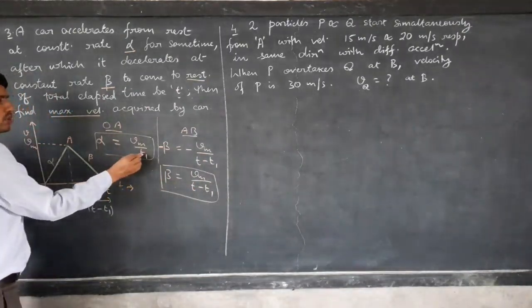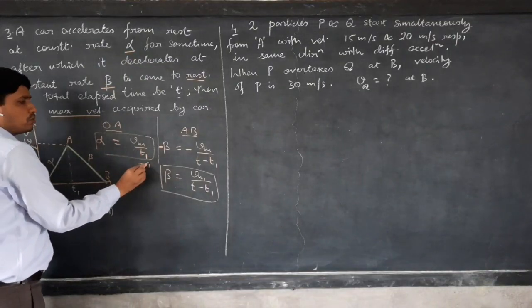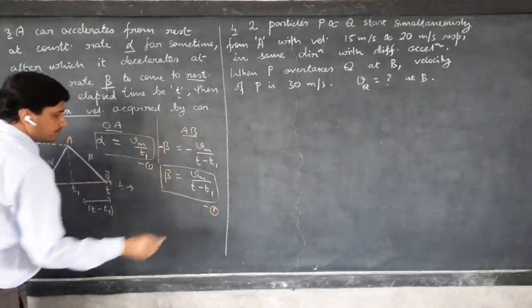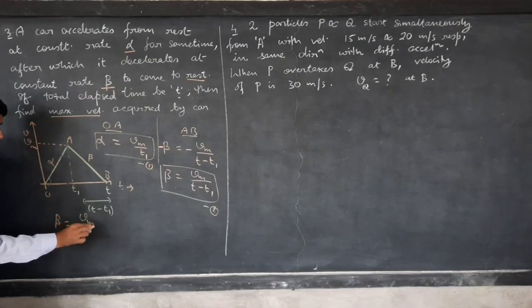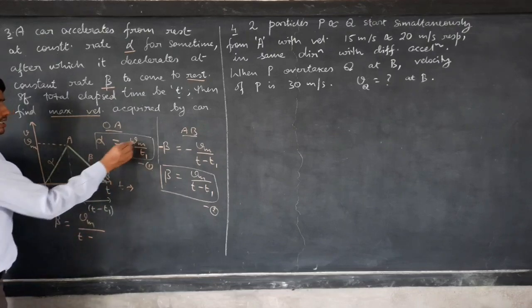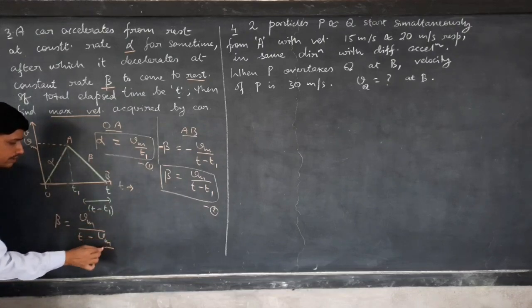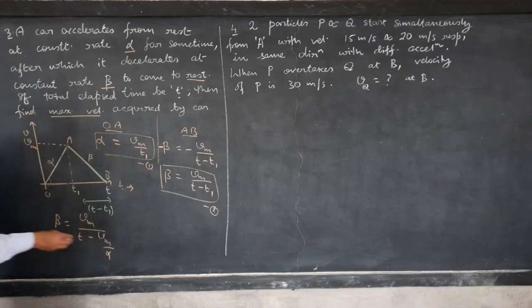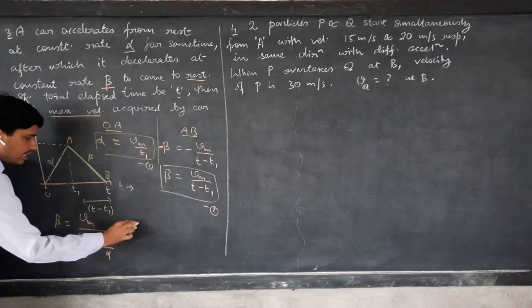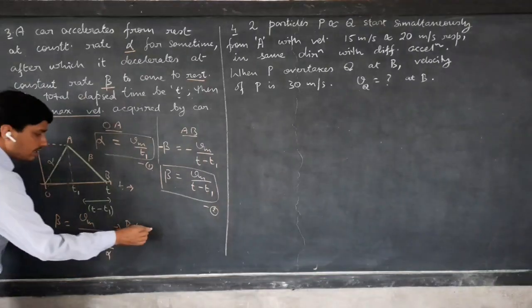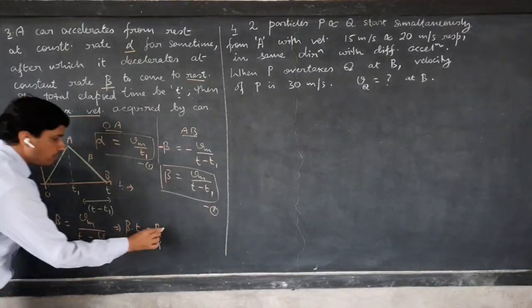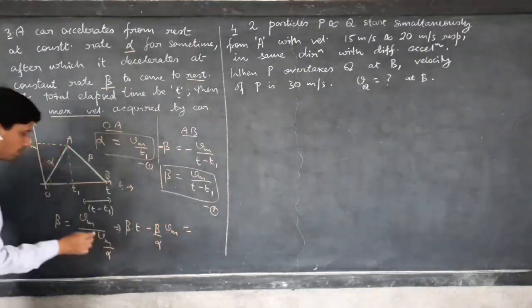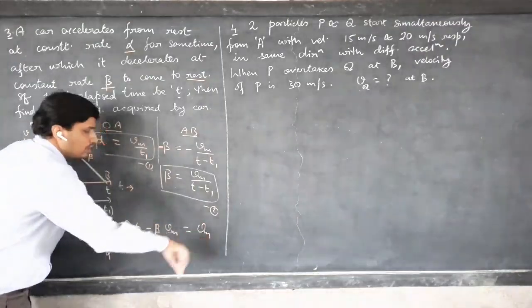So put the value of t1 from equation 1 into equation 2, and we'll get the answer. So beta becomes equal to Vm upon t minus, now t1 I can write as Vm upon alpha. Cross multiplication is done, so beta into t minus beta upon alpha into Vm equals Vm.